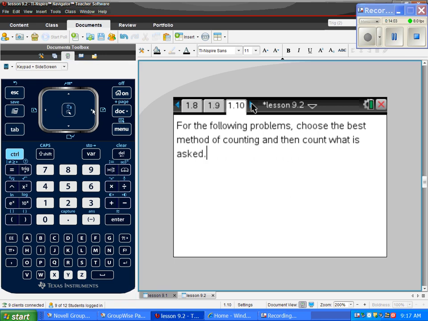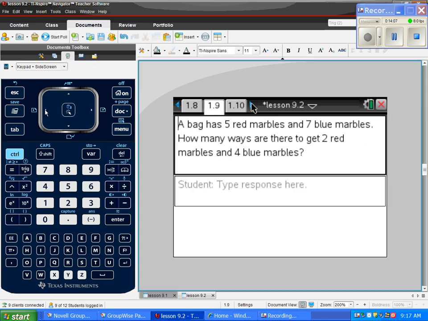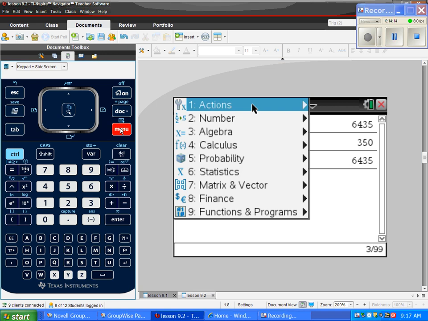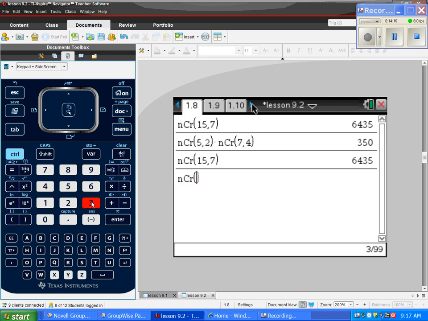So here, I'll put it on this calculator. You can type it in just exactly how you'd like to. The first combination, 5C2.